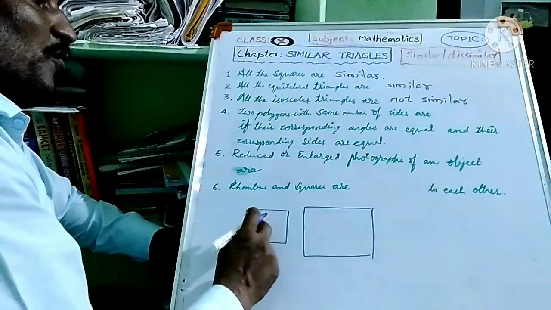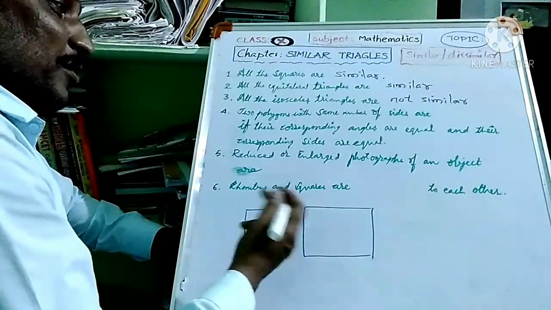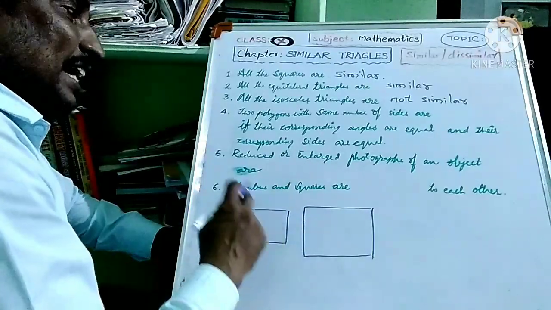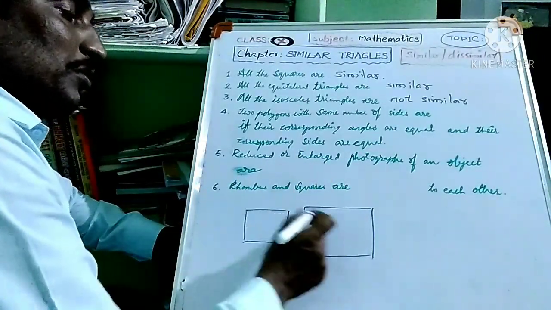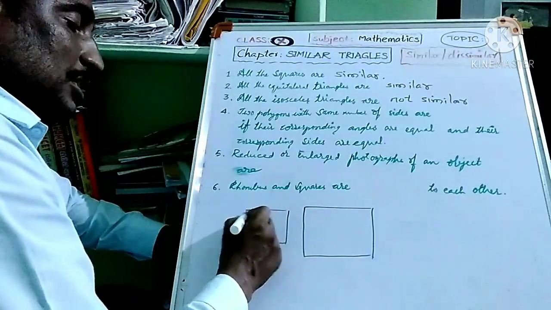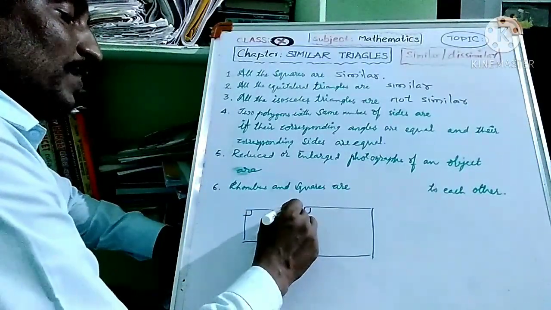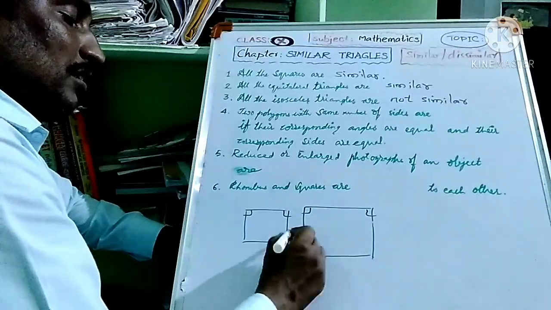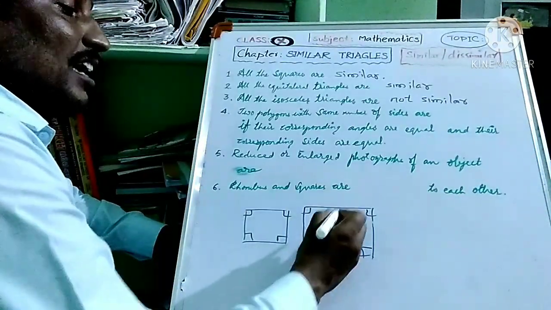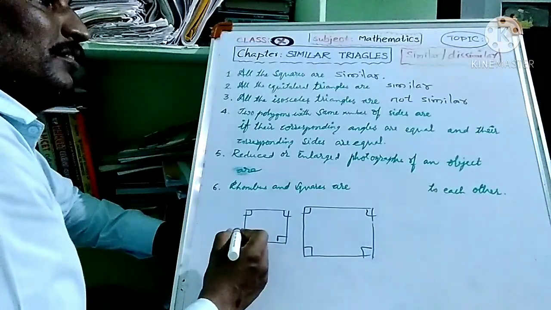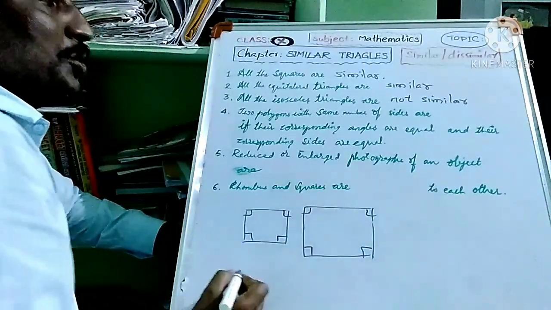Same number of sides, 4 sides, 4 sides. Their corresponding angles are equal, and then corresponding sides: here the corresponding angles, first, second, third, fourth are equal. But sides are not equal, sides are in the same ratio.